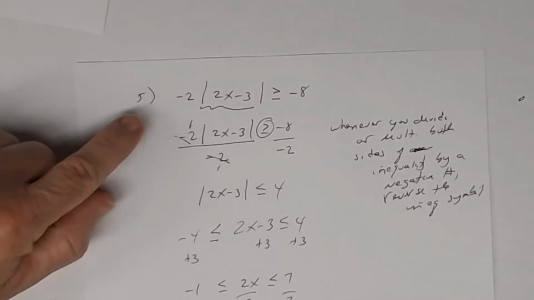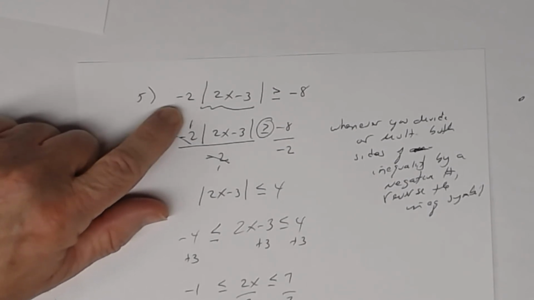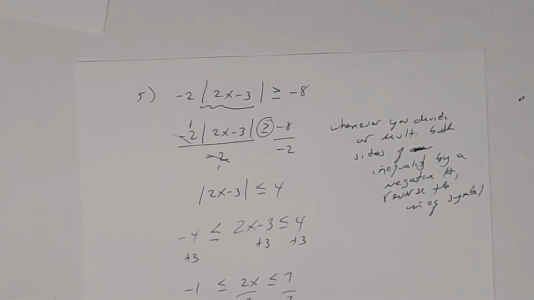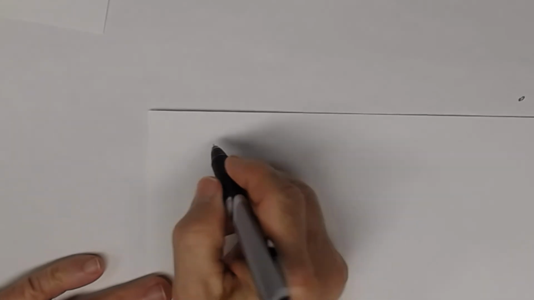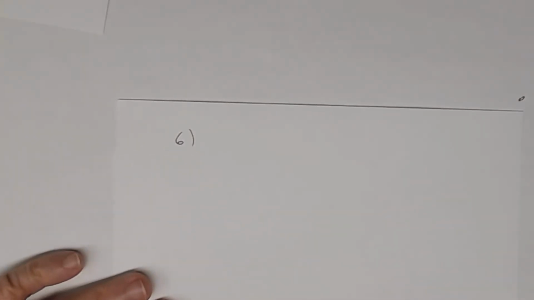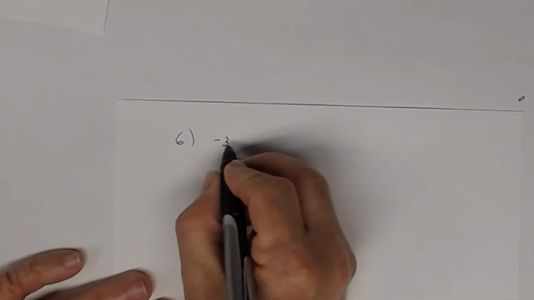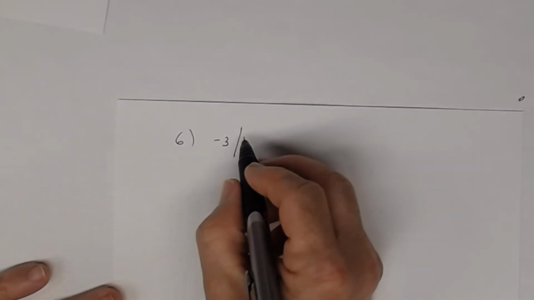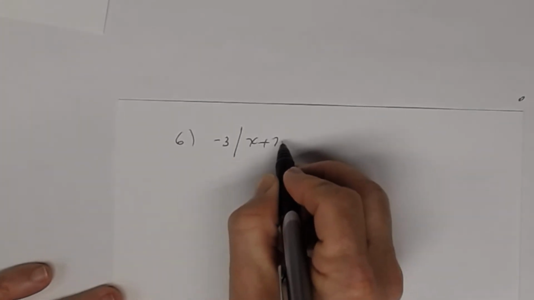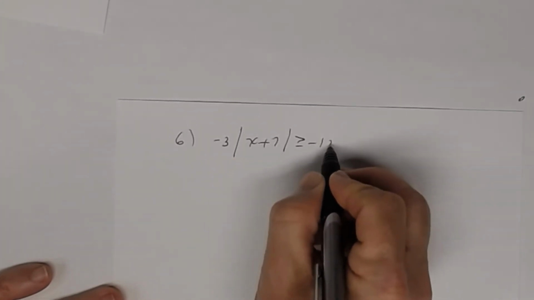Now let's do one more with a negative number on the outside. All right, so remember the process. This is going to be number 6. Number 6, we have negative 3 times the absolute value of x plus 7 is greater than or equal to negative 12.